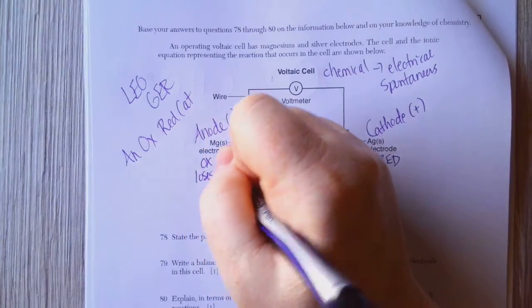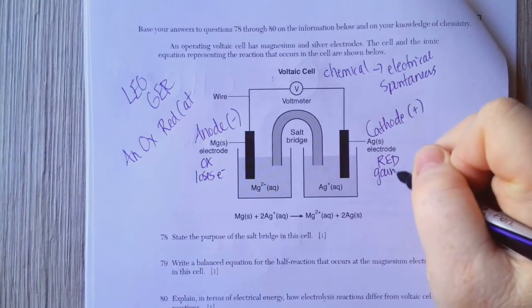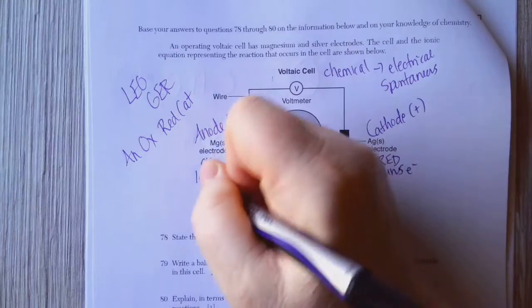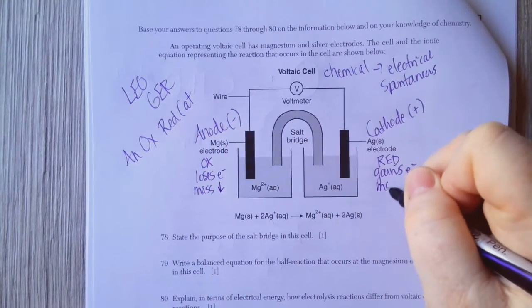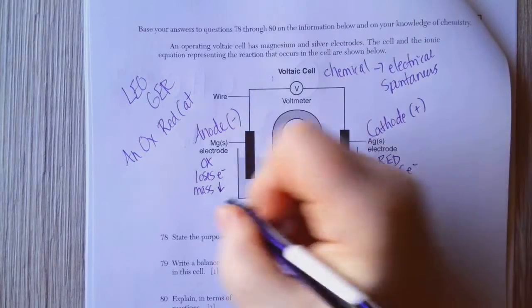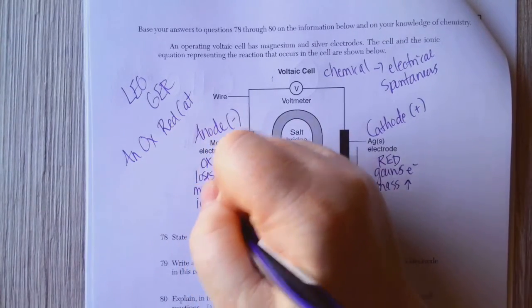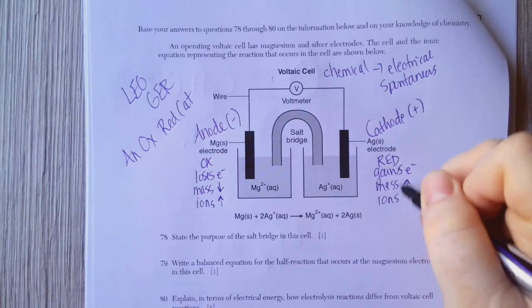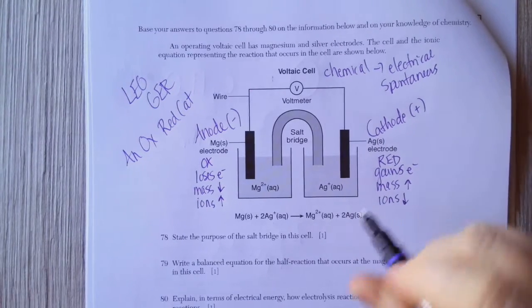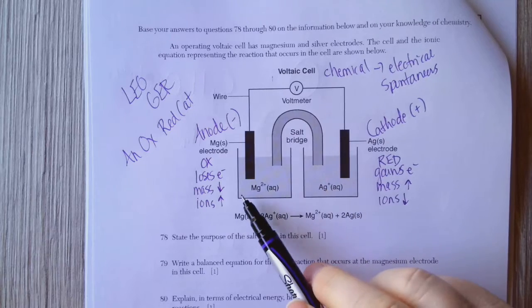This loses electrons, this gains electrons, which means the mass of this goes down, the mass of this goes up, and the number of ions of Mg would go up, and the number of ions of Ag would go down. Because you see we have the ions in the solution.